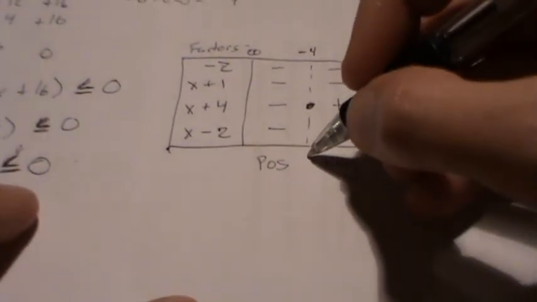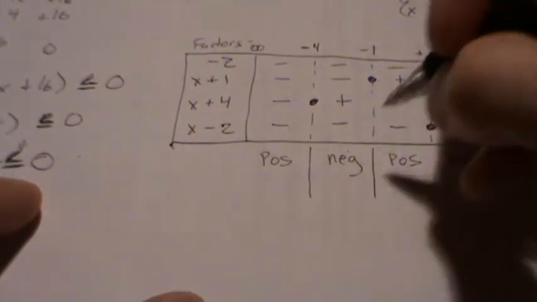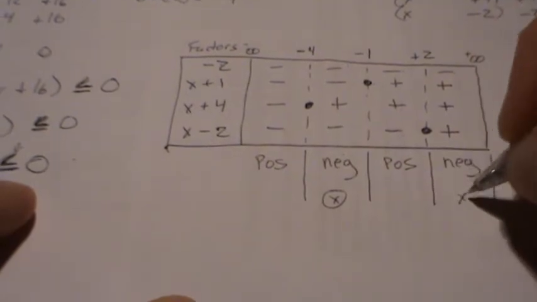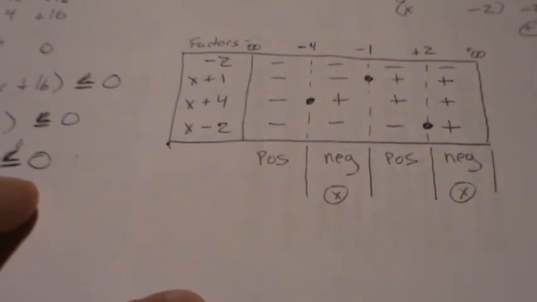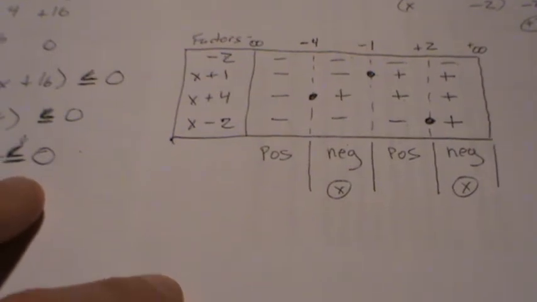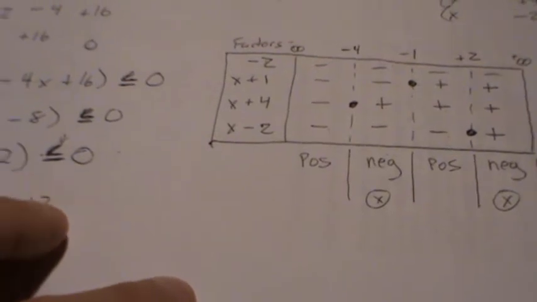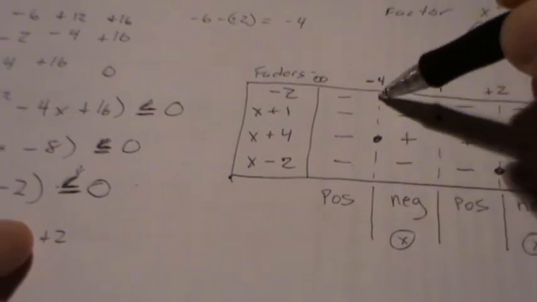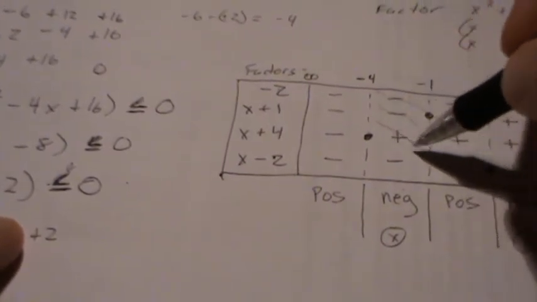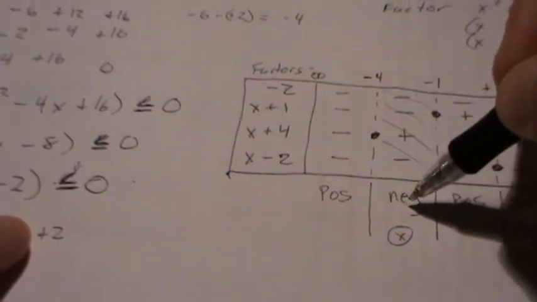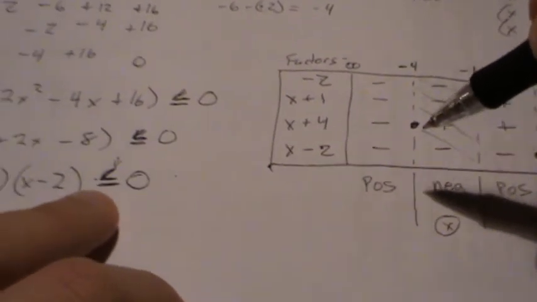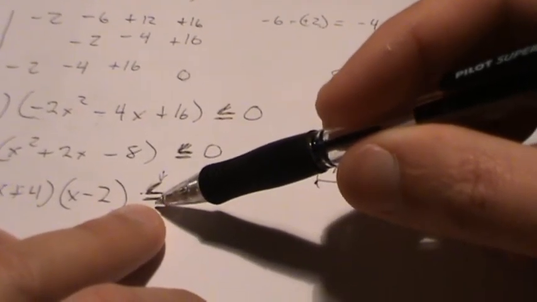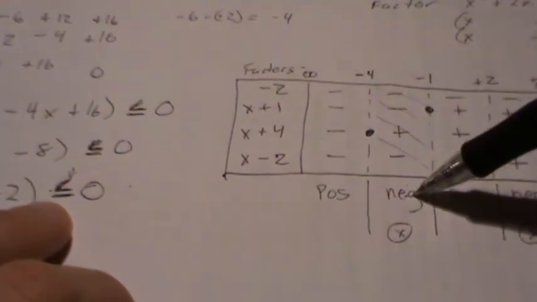You should say that negative numbers are less than 0. And so the actual solution to this is any x value that is in this interval right here. This is an interval that produces a negative number. And since I'm interested in numbers that are less than or equal to 0, then negative numbers are the only ones.